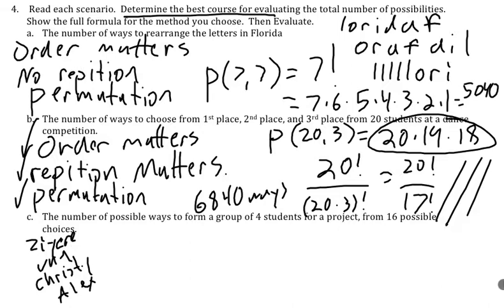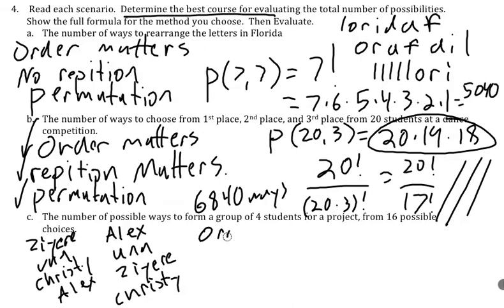If I put these 4 students to work together on a project, I'm pretty sure that's the same as doing Alex, Una, Zaire, Christy. If I said, Zaire, you're going to work with Una, Christy, and Alex, there's no way Zaire would say, no, no, no, I want to work with Alex, Christy, Una. So order does not matter.